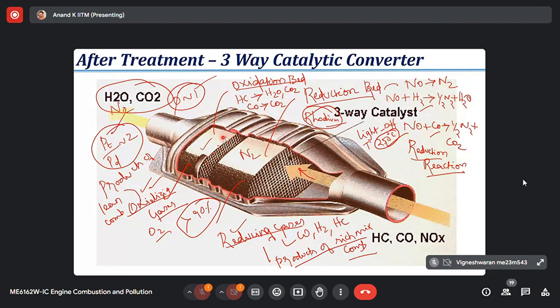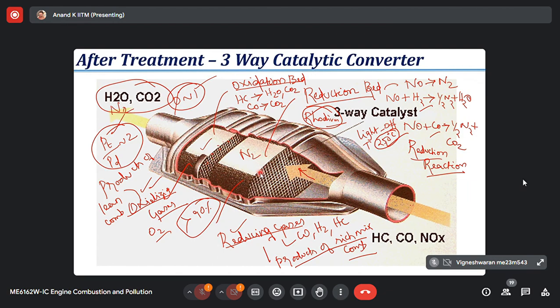You have a wash coat, you have finely dispersed catalyst, exhaust gas is allowed. You know that in a diesel engine already you have high levels of oxygen. So in presence of oxygen, HC and CO will be oxidized to H2O and CO2. This is what is happening in a DOC.